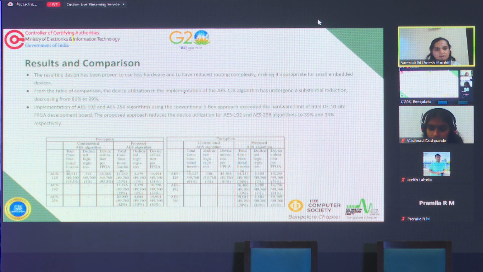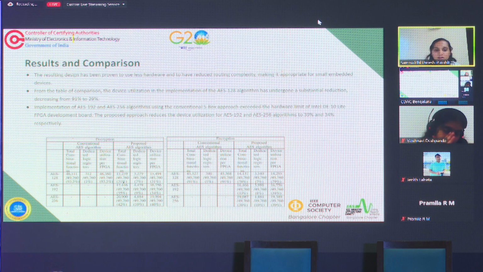In the results and comparison, as you can see in these two tables, one is for decryption and one is for encryption. AES 192 and AES 256 couldn't fit on the FPGA board with the conventional key expansion and SBox based AES algorithms.